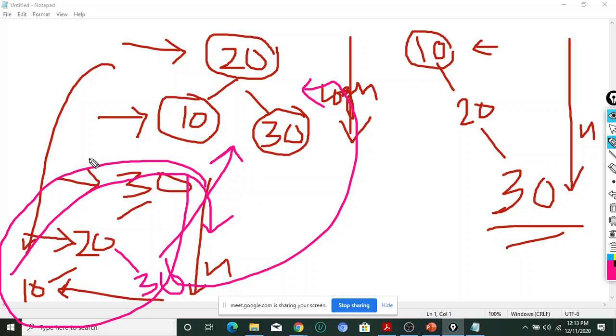By performing some rotation we can improve the binary search tree into the kind of tree where the height is always log n, always minimum. So if I want to reduce the binary search tree height, then some rotation has to be performed. Okay, now come to the point.